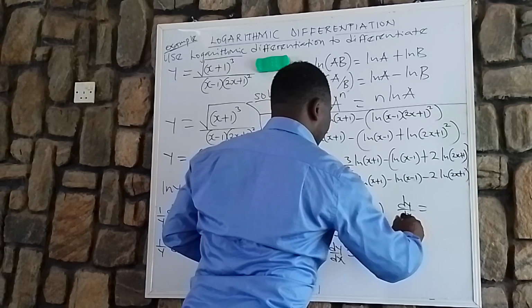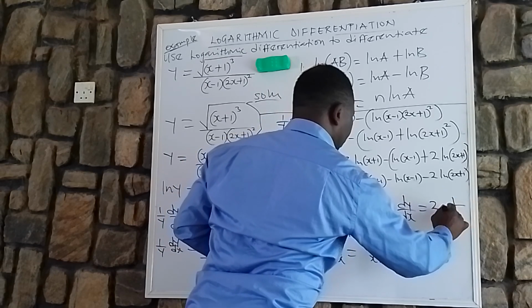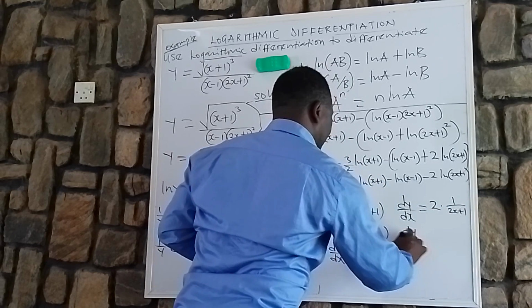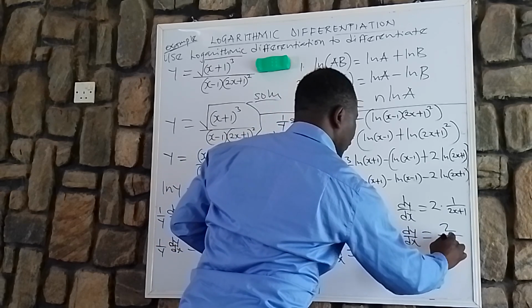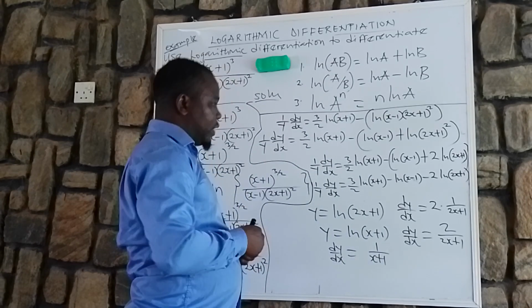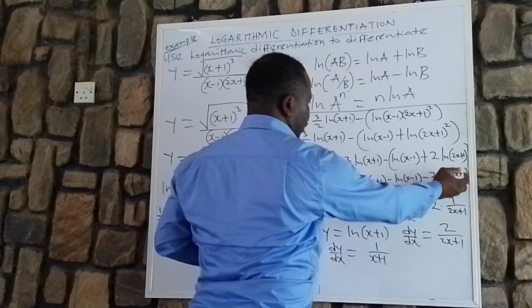Instead of 1 over, it will give us 2 times 1 over 2x plus 1, which is the same as dy over dx equals 2 over 2x plus 1. This is what you are supposed to get if you differentiate functions of this form.